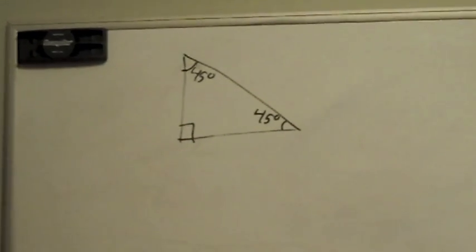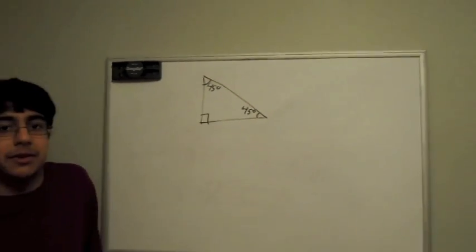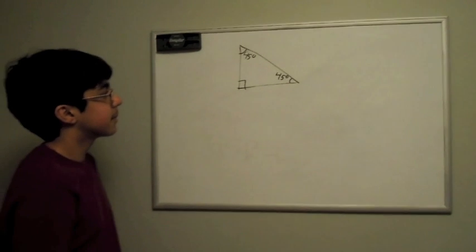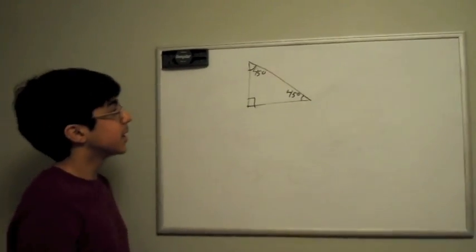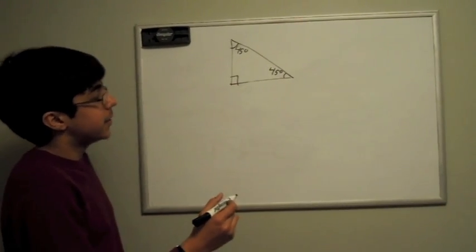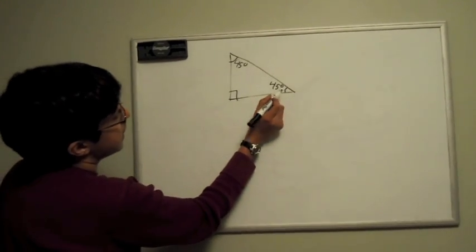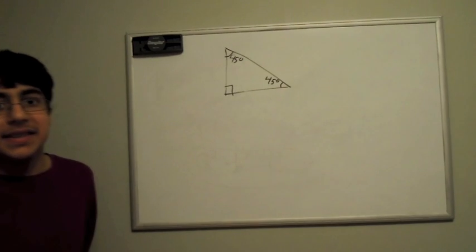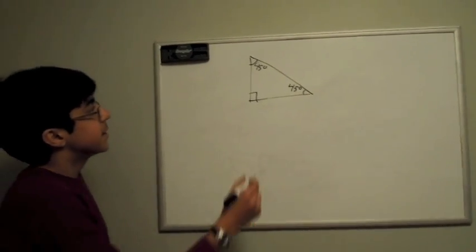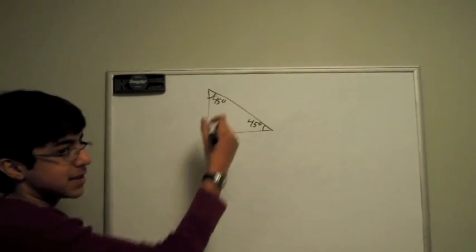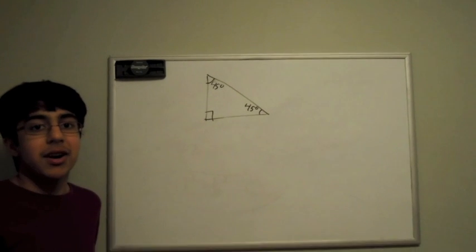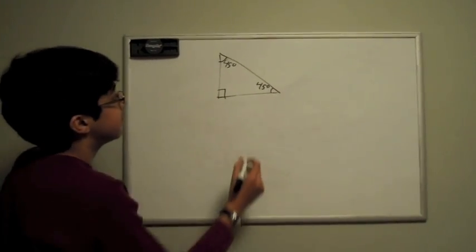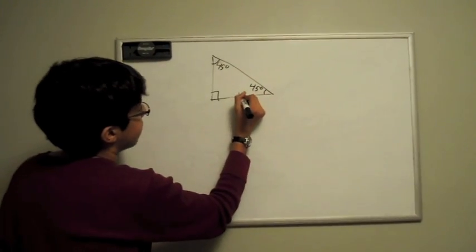We call this the 45 degree, 45 degree, 90 degree triangle. The ratios of the lengths is easy to prove. First off, we know that this is an isosceles right triangle by the converse of the isosceles triangle theorem, because these two are both 45 degrees.